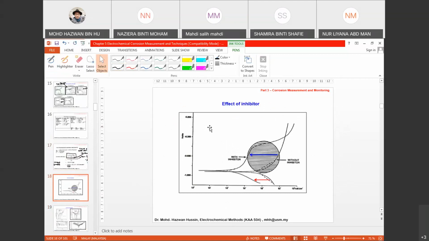All right. So I just want to show you the effect of an inhibitor. How does this experiment happen? As I said earlier, the setup has a working electrode, a reference electrode, and a counter electrode connected together to a potentiostat, with the electrolyte, and it is then processed in the PC.